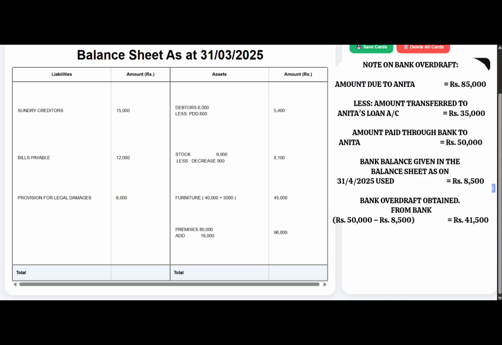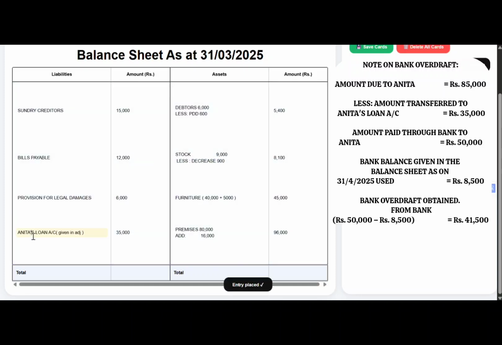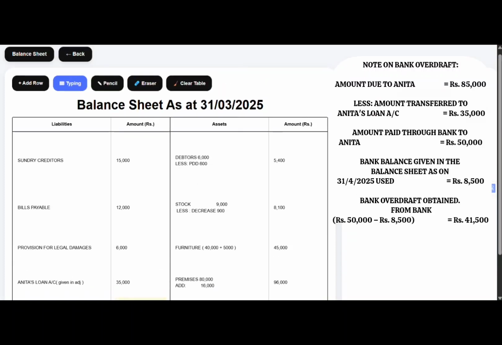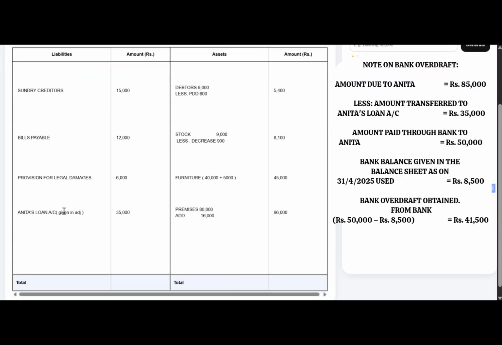The amount kept as loan for Anita is a liability for the firm, so we are going to record it on the liability side. Anita's loan account, which is given in the adjustment, 35,000.